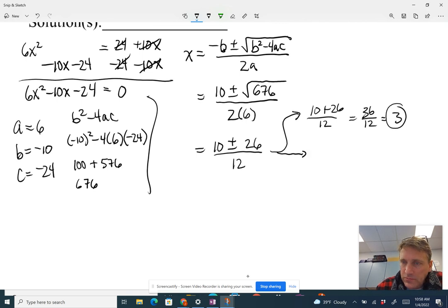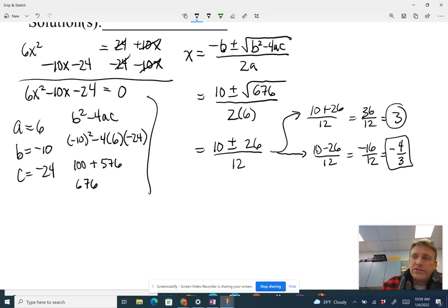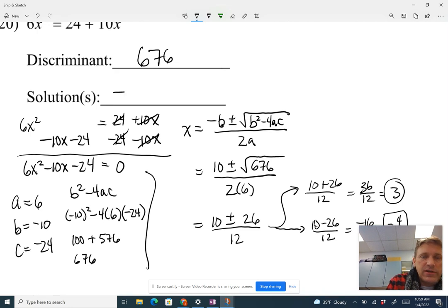Or 10 minus 26 over 12, and that's 10 minus 26 would be negative 16 over 12, and that simplifies down. They're both divisible by 4, so that's negative 4 thirds. And that's my other solution. And so my two solutions are negative 4 thirds and 3.